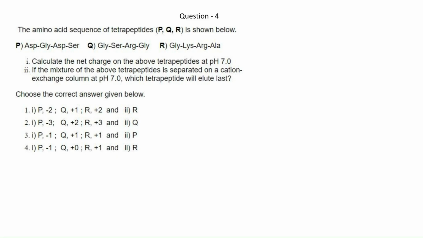Question 2 is, if the mixture of the above tetrapeptides is separated on a cation exchange column at pH 7, which tetrapeptide will elute last? So we'll have to calculate the charge of the tetrapeptide. So what are the sources of positive or negative charge in the amino acids?